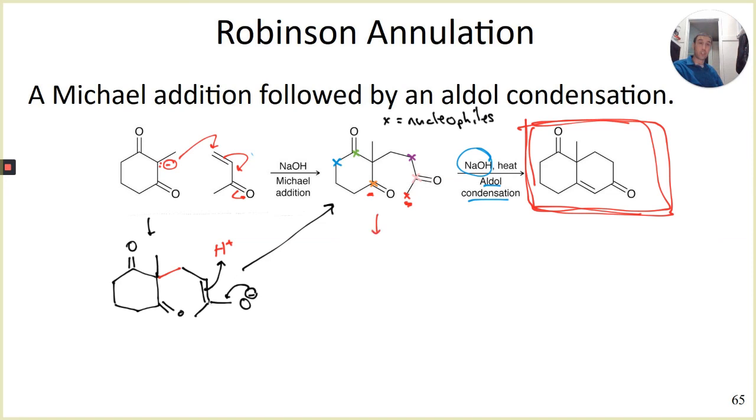So the first step of that connection is that we would remove our alpha hydrogen and we'd have the negative charge. That alpha hydrogen is acidic due to resonance with that carbonyl. That's our enolate. That can then attack the electrophile there.